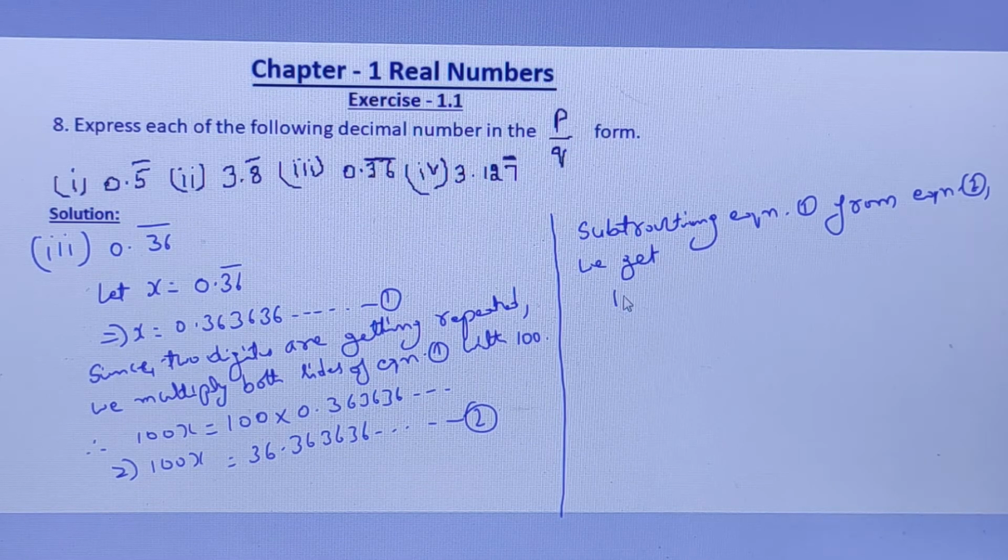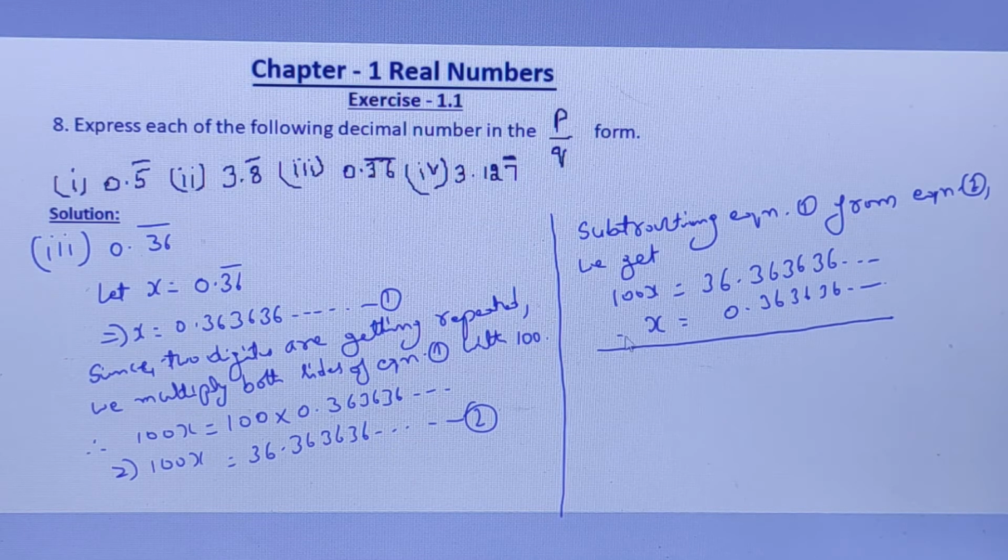What is equation 2? 100x is equal to 36.363636 and so on, and equation 1 is x is equal to 0.363636 and so on. 100x minus x is 99x is equal to 36.0000 and so on.